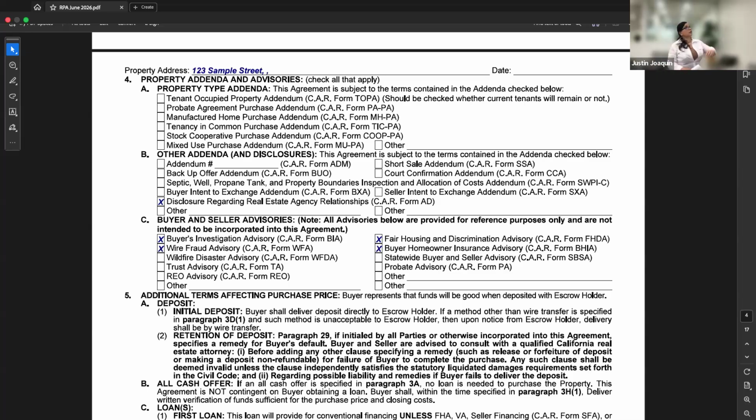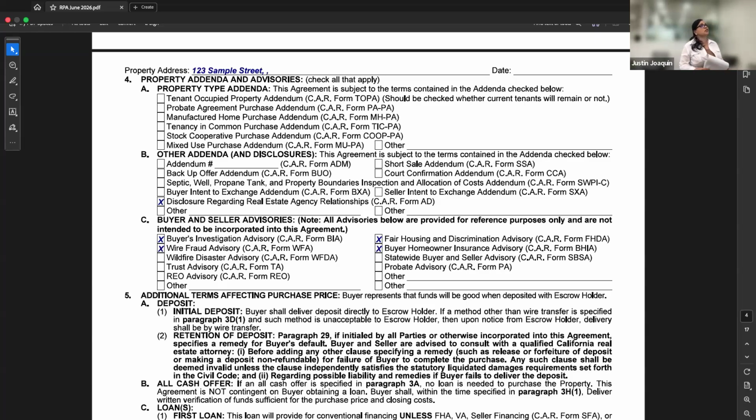Why? Because the paragraph tells us, especially because of paragraph 29, which is liquidated damages, which we cover in the very last session, session 4, is initialed by all parties or otherwise incorporated, and it specifies a remedy for buyer's default.